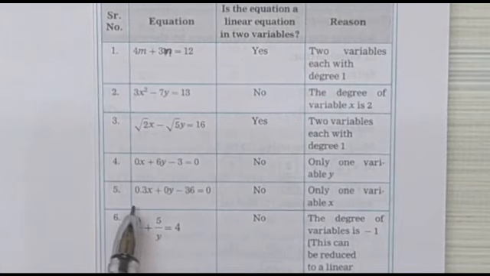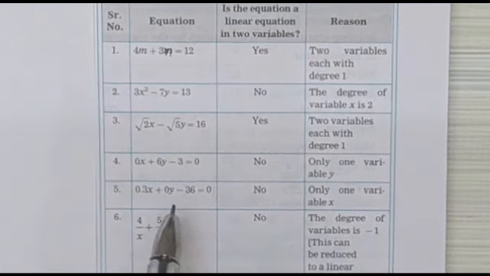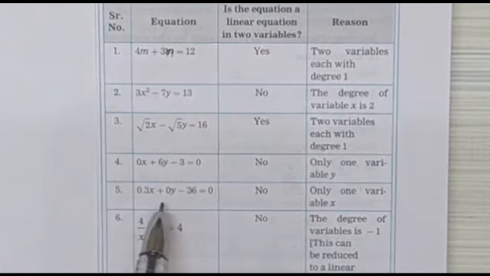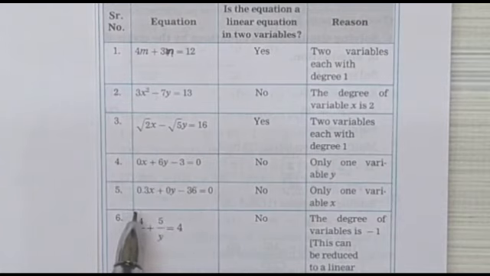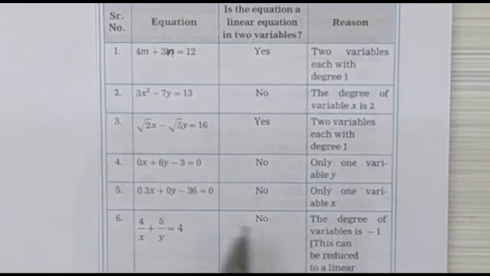In the fifth example, 0.3x plus 0y minus 36 is equal to 0. Here also the coefficient of y is 0. Therefore, the equation will become 0.3x minus 36, which means only one variable x is there. Therefore, it is also not a linear equation.